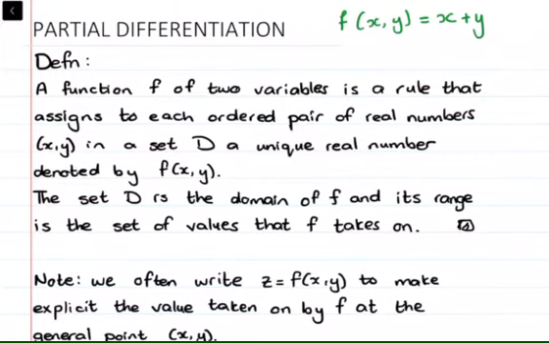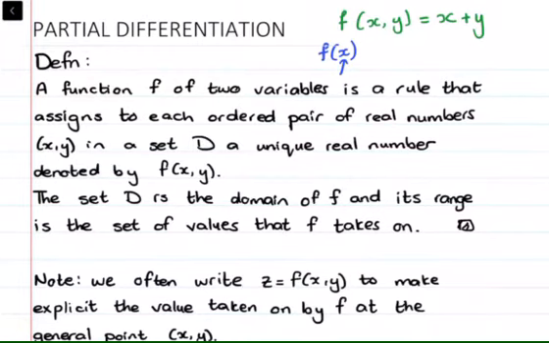So what you had with functions of a single variable, you were looking at f of x, and the value that you considered was just x. That is the value that you plugged into the function in order to get the y value, which was given by a certain rule f.